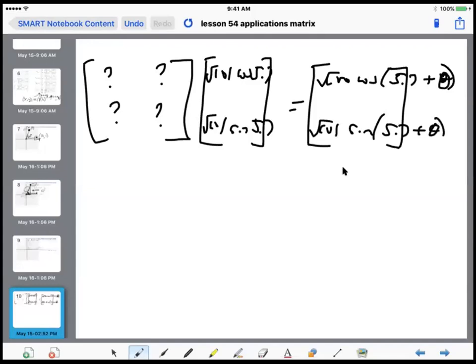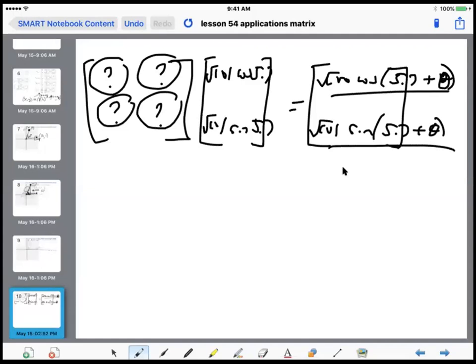Now that seems like a lot to ask of these four numbers. It's not like before where we had a goal of 5x plus 2y and 3x minus y. Our goal is this. Anyone have a thought of how we could make some progress on that?